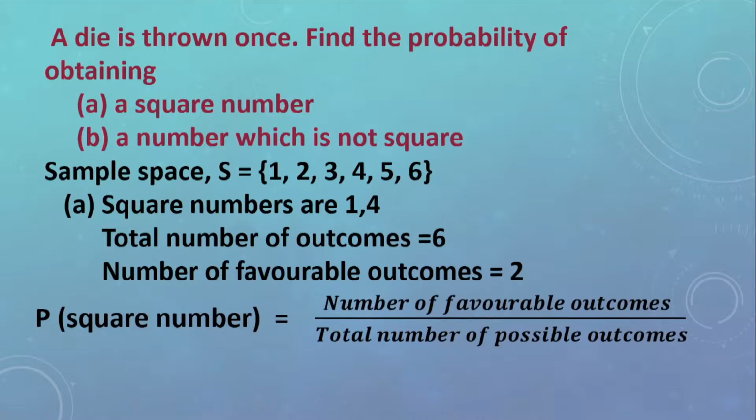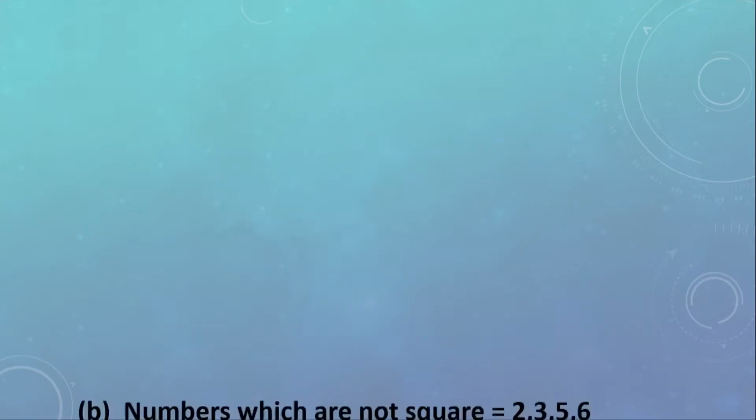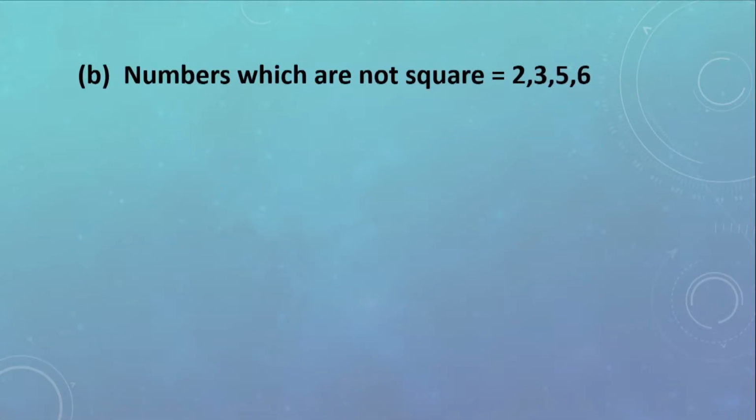So the probability of having a square number is equal to the number of favorable outcomes divided by the total number of possible outcomes, which is equal to 2 over 6. And this 2 over 6 in its lowest terms is 1 over 3. The second part of this question is having a number which is not a square.